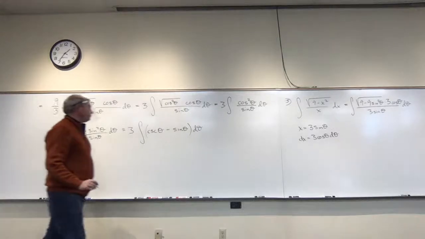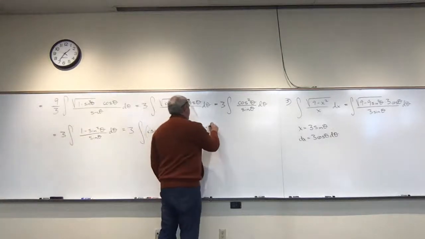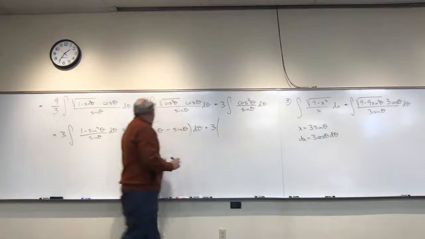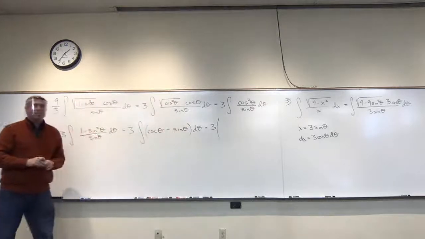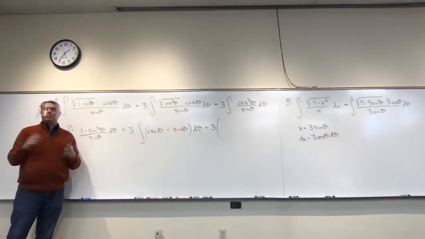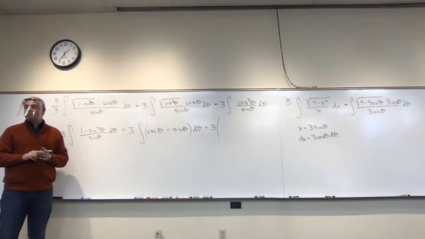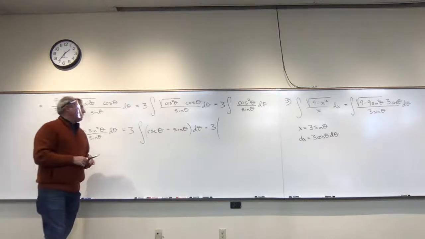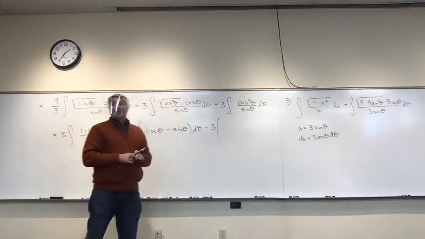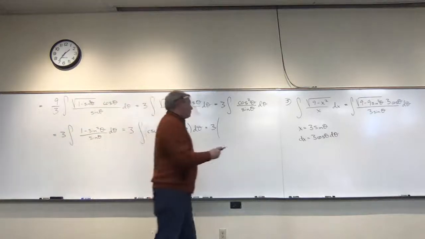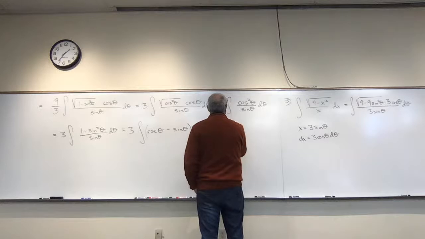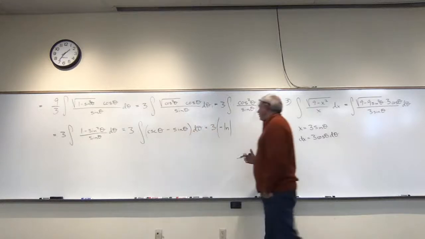which is equal to 3 times... what's the antiderivative of cosecant of theta? This is one of those kind of funky ones, right? With a natural log. Does anybody remember off the top of their head? Yeah, first of all, it's negative, right? So it's negative ln absolute value of what?